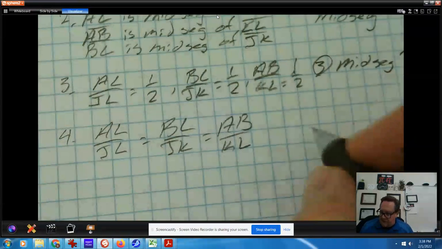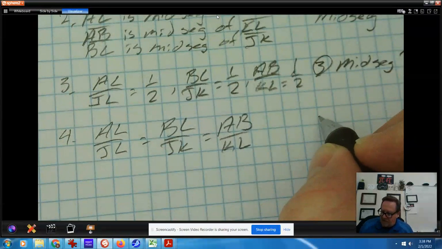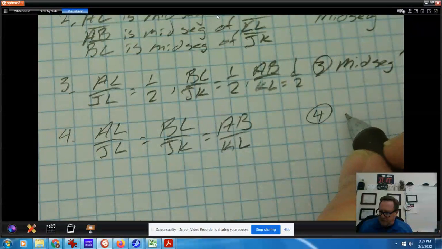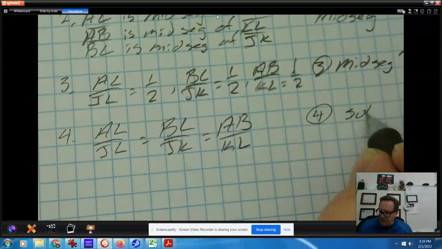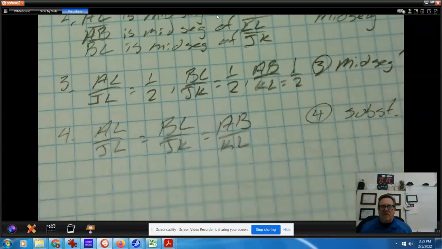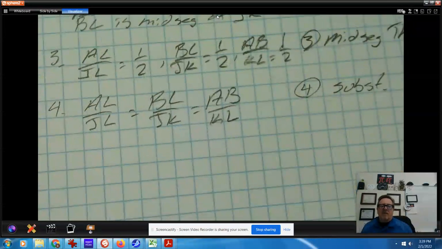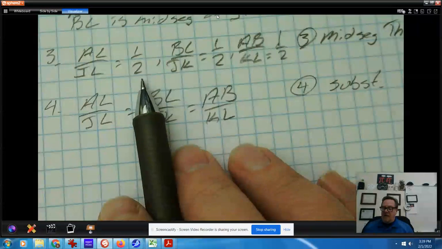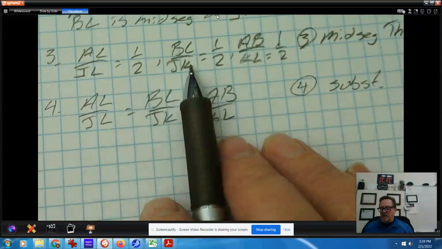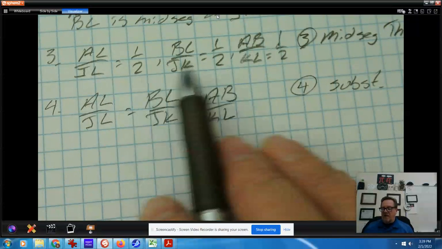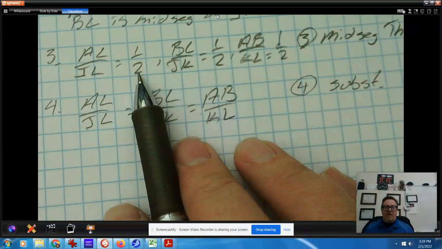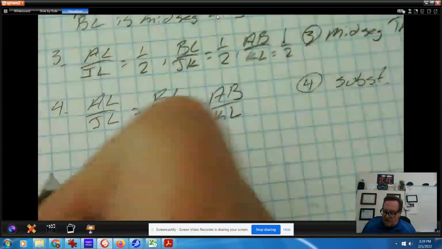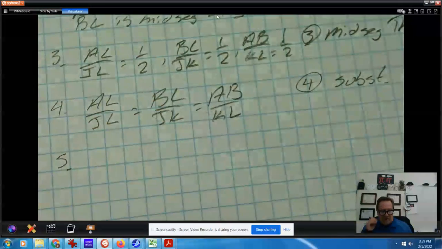Why? Well, we could use substitution, transitive, what do you want to call it? Multiple uses of substitution. Hey, if this is 1/2, and then if this is equal to 1/2 and this is equal to 1/2, then I can substitute that in for the 1/2. And the same thing going on over here, right? So we'll finish this up and go.